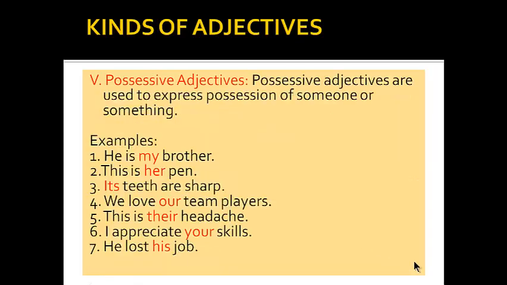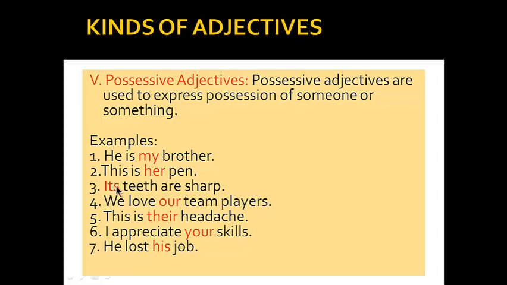The fifth type of adjective that we are going to discuss here is known as possessive adjective. Possessive adjectives are used to express possession of someone or something. For example, my brother, her pen, its teeth, our team, their headache, your skills, his job.